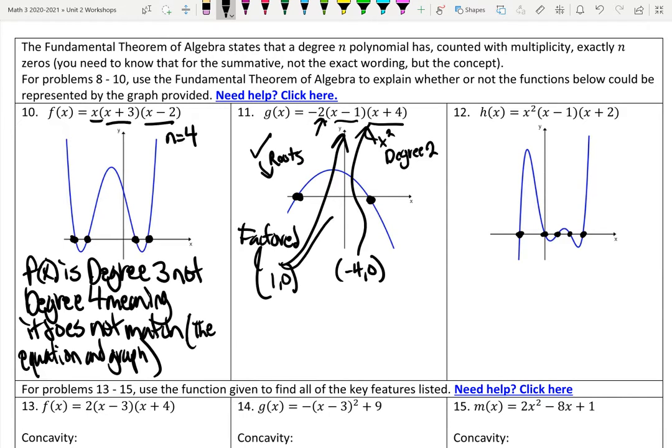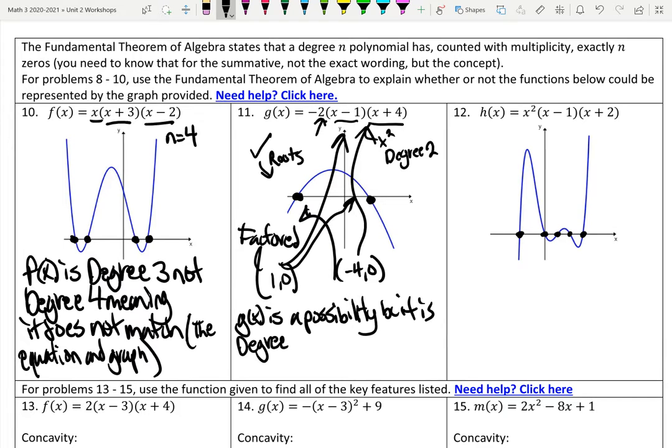Is this believable? Yes. So notice I checked a degree 2, and the roots are in the possible spots. There's a negative and a positive one. So yeah, g of x is a possibility because it is degree 2 and the roots are in the appropriate places.